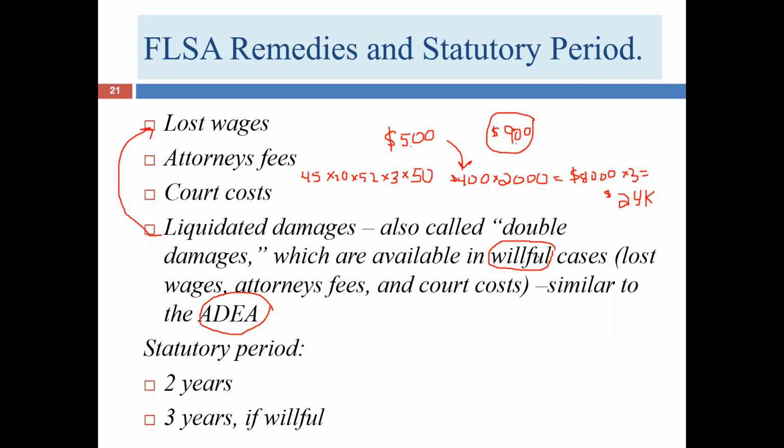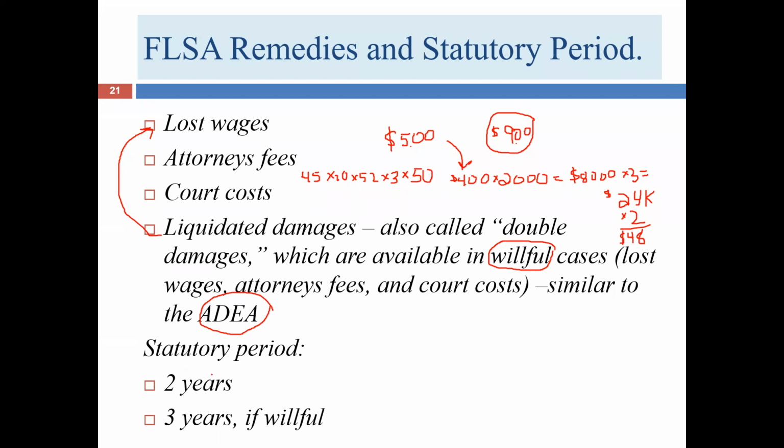In that situation, the court may not find willfulness, but I would say at least half of the time, willfulness is found in FLSA cases, so double damages are pretty common. So instead of it being 24,000, certainly in this case, we would expect to double that amount to 48,000. Somebody who literally pays less than minimum wage, that's got to be willful.